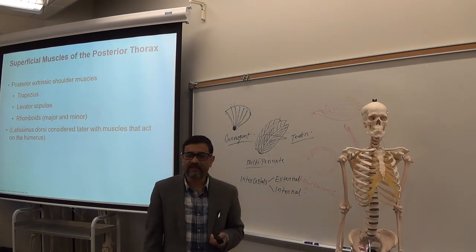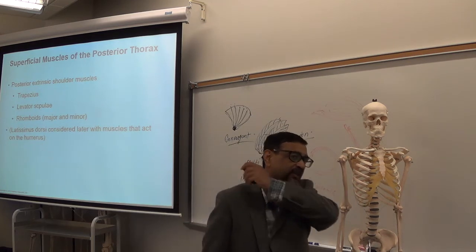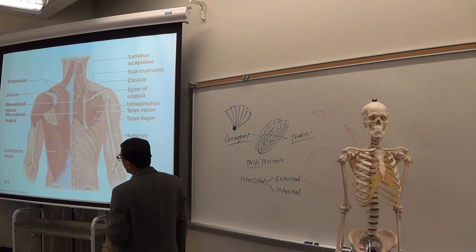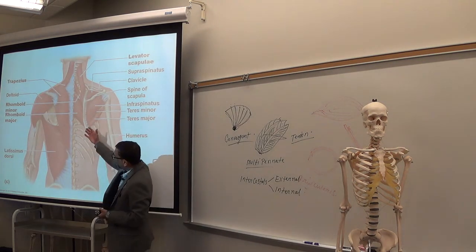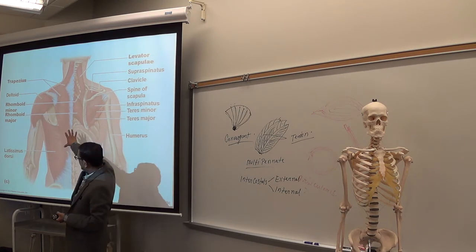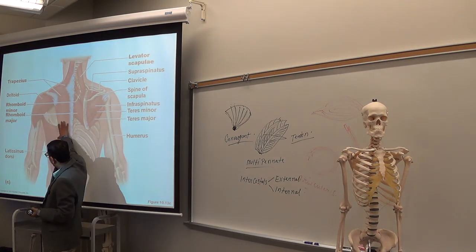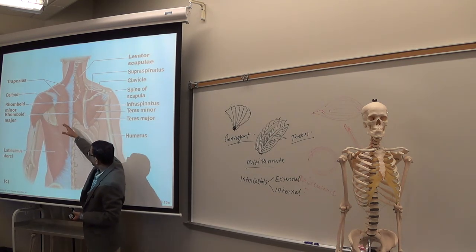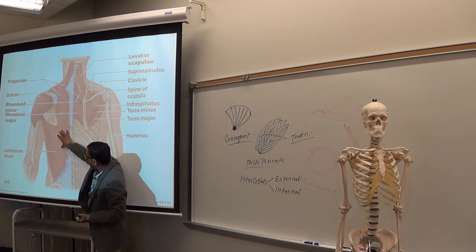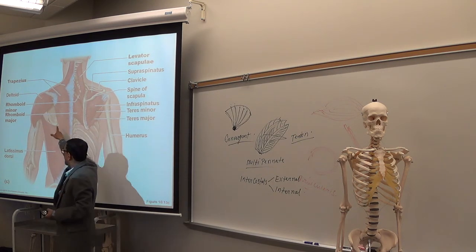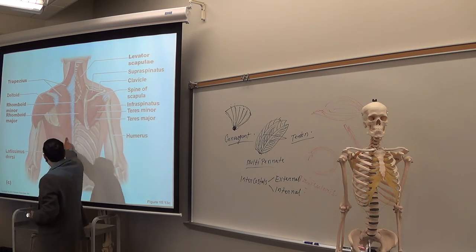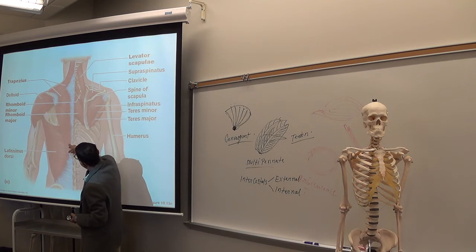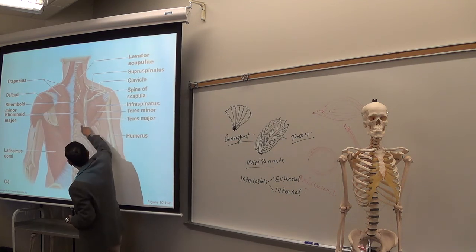Posterior of thorax, that means the back of your trunk. In the back of the trunk, you see, this is the back of the body. In this side, they did not remove any muscle. In this side, they have removed these superficial muscles. So, first let's see the superficial muscles. The largest one in the back of the trunk is going like this. You can see one half, and another half is like this.